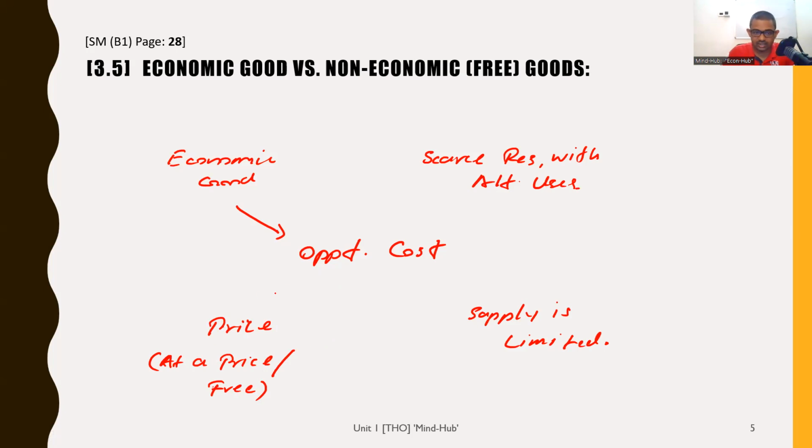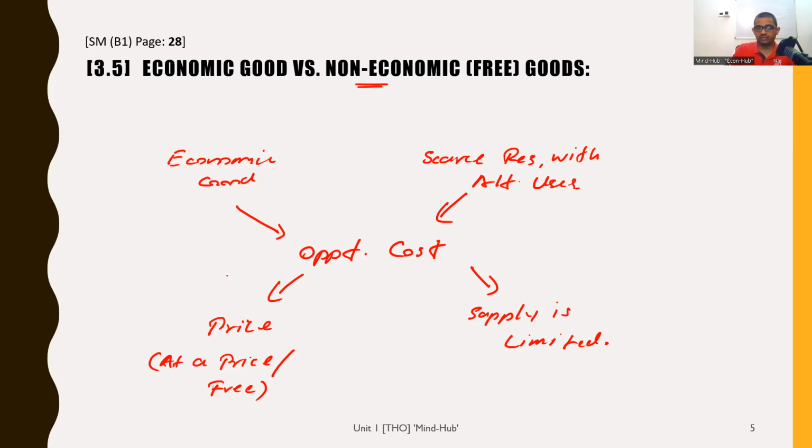So these key things we connected when it came to economic goods. Now we know what an economic good is, and we talked about this kind of link. How do we replace this if it's a free good or a non-economic good?